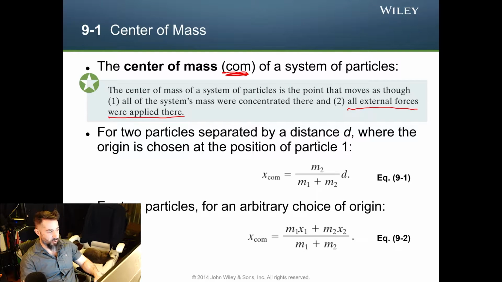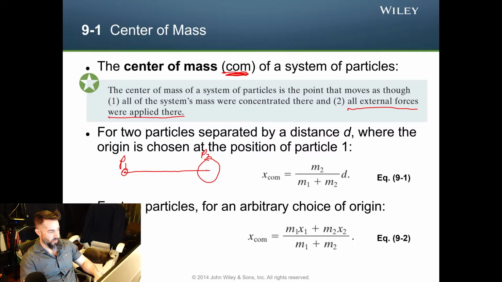So we're talking about two particles separated by a distance d. You have some particle, and for argument's sake, say the second particle's larger. So this is particle 1. This is particle 2. We're saying that the origin is at the center of this particle.